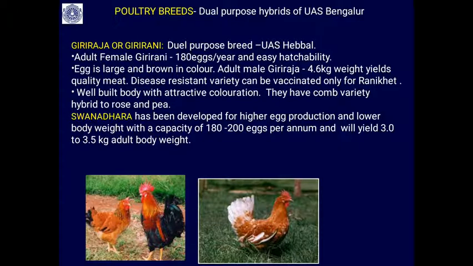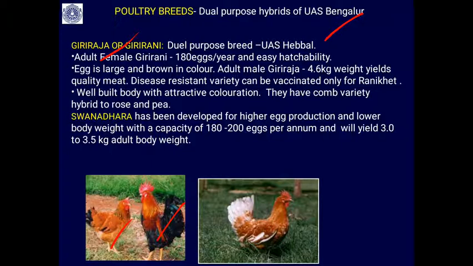Now the dual purpose poultry breeds, the hybrids developed by the University of Agricultural Sciences, Bengaluru. One is Giriraja and Giriraja female, a dual purpose breed. The adult female lays 180 eggs per year and has easy hatchability. The egg is large and brown in color. The adult male Giriraja weighs 4.6 kg.